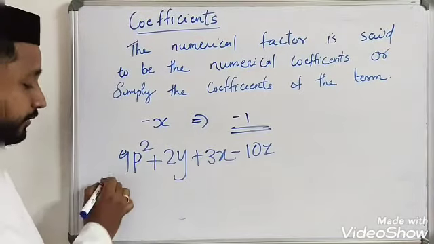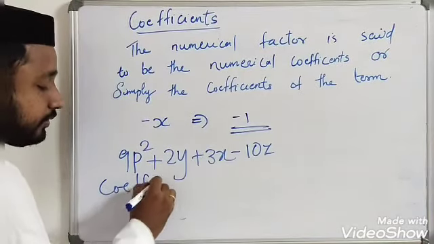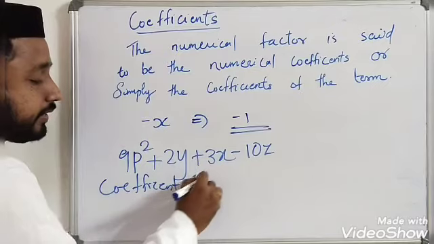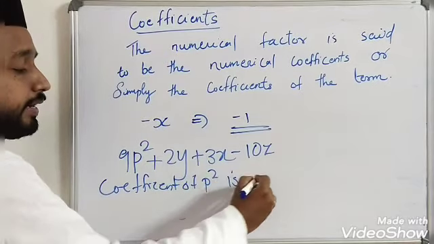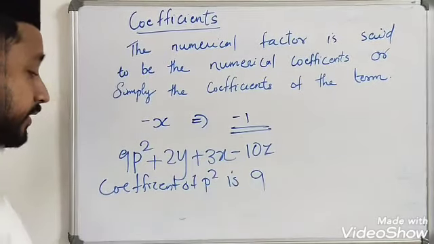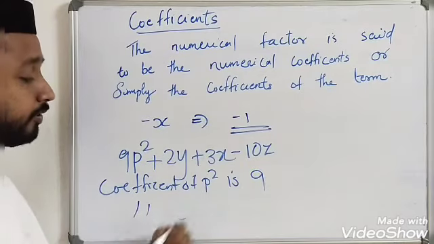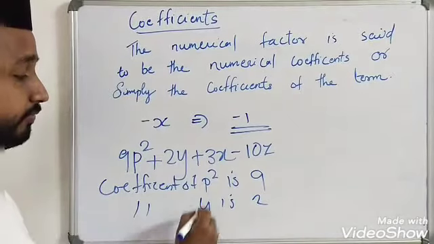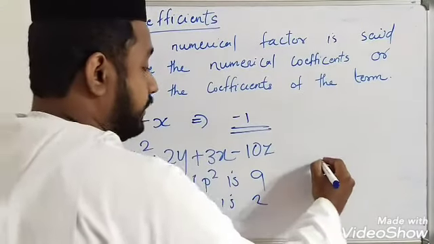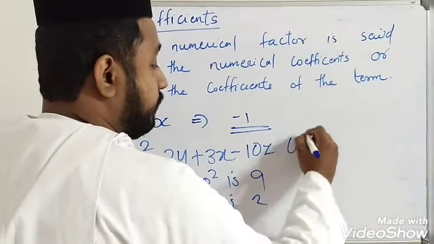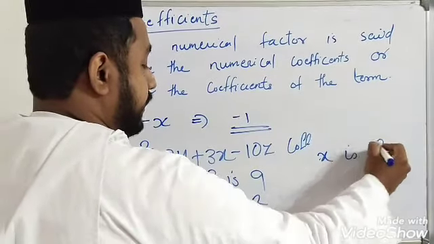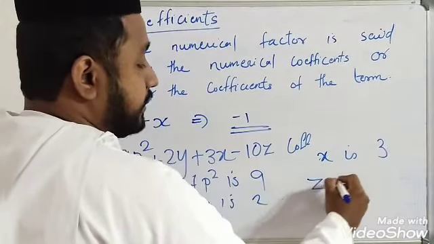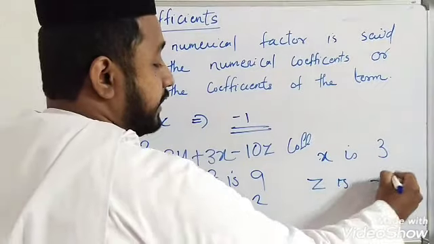Coefficient of p square is 9. Coefficient of y is 2. Coefficient of x is 3. And coefficient of z is minus 10.